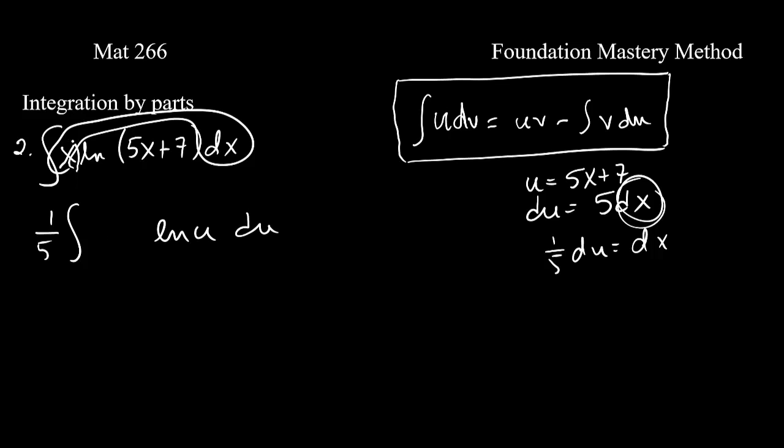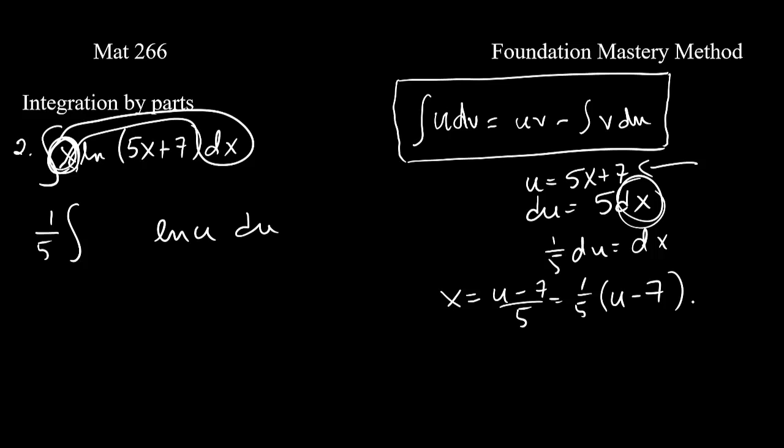And now we have an x remaining. Over here we look and we see that we can express x in terms of u by solving for x, and we'll have that x equals u minus 7 divided by 5, or 1/5 times u minus 7.